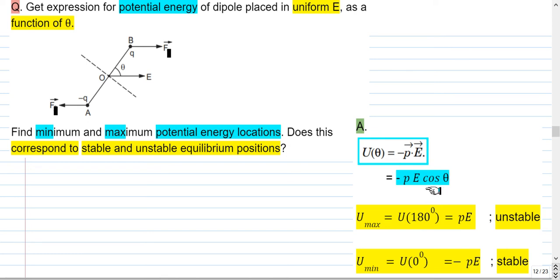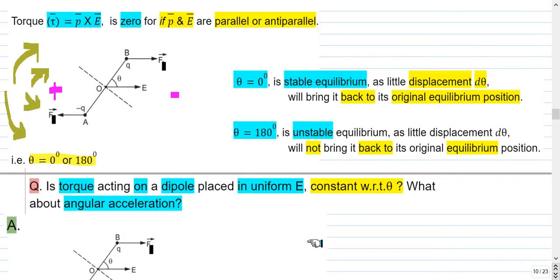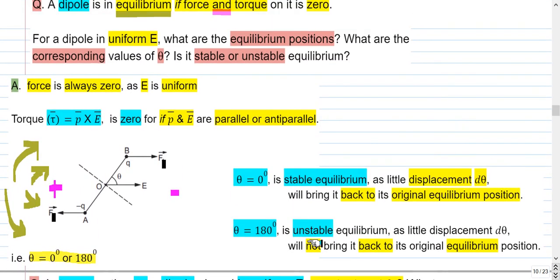That corresponds to theta equal to 0. So minimum value corresponds to 0 degrees and its value is minus P E. And maximum potential energy corresponds to unstable equilibrium position, and minimum potential energy corresponds to stable equilibrium position. This is consistent with the result we got by dynamical considerations here.